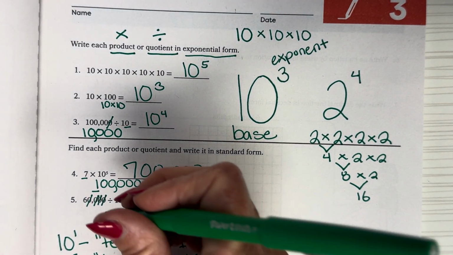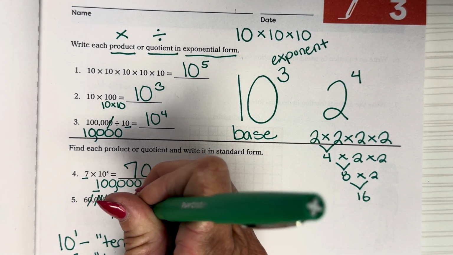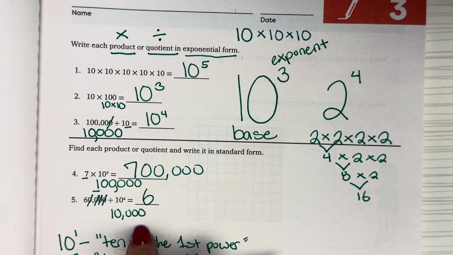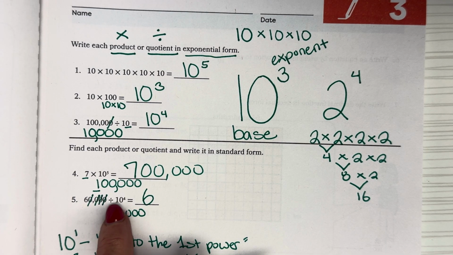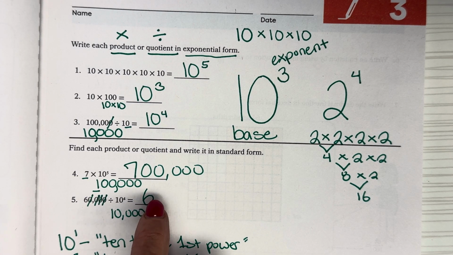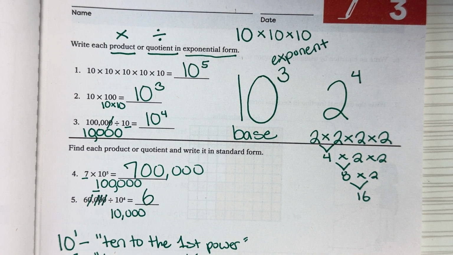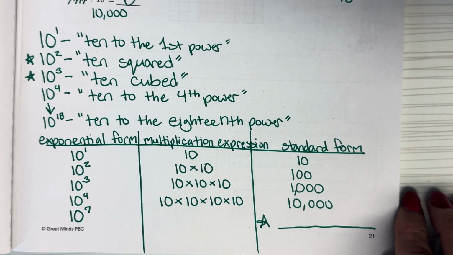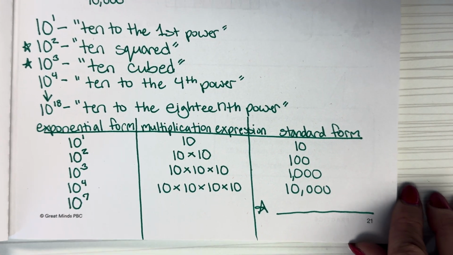So if I divide this by 10,000, or by 10 to the 4, that's going to give me 6.